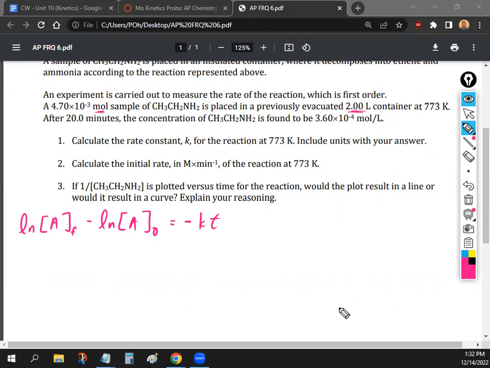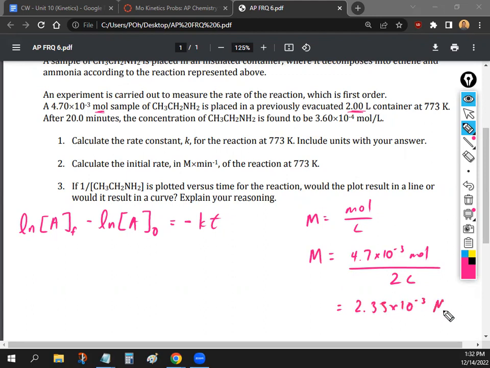Okay, so the first thing you want to do, and I'm going to erase this in just a second, is calculate using the molarity formula. The molarity is 4.7 times 10 to the negative 3 moles divided by 2 liters, and that's going to give us 2.35 times 10 to the negative 3 molarity. Okay, so that is the value that we want to plug in.